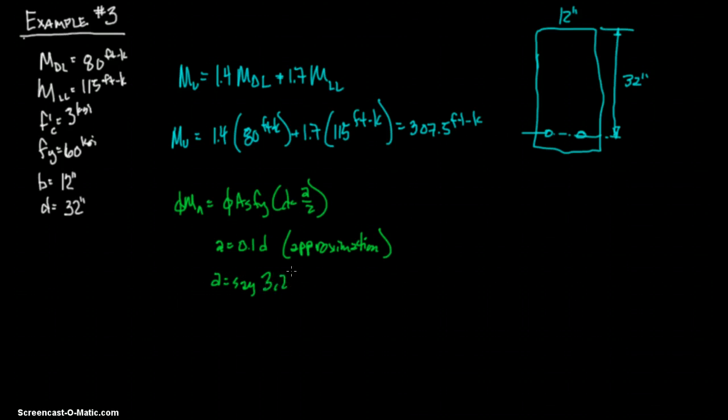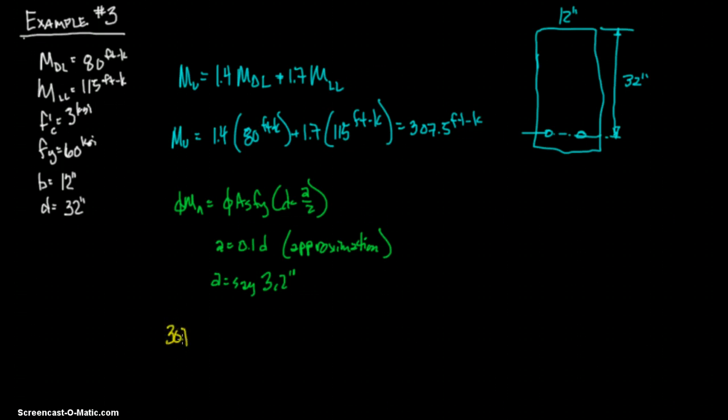When I say that, it means it's not actually exact, it's just your guess, your approximation. Let's go ahead and throw that in there. We need to substitute Mu, which is our minimum phi Mn.